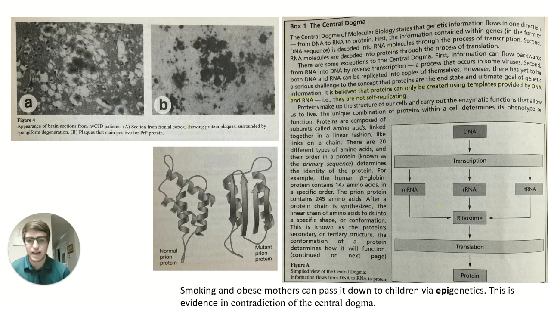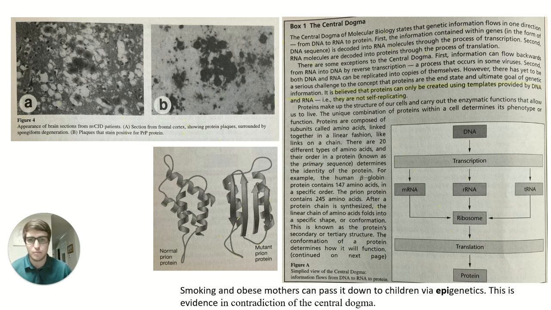So this suggests that the information is being passed from the mutant prion protein to normal prion proteins. And what would happen is the body would actually start making even more of those dysfunctional prion proteins. So this is an example of the proteins actually controlling the DNA.